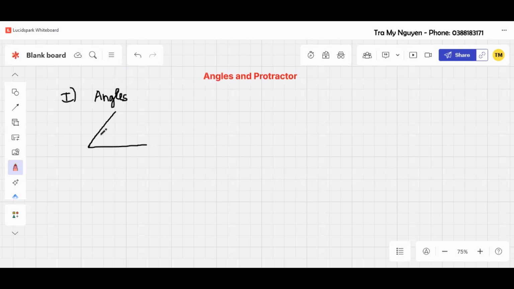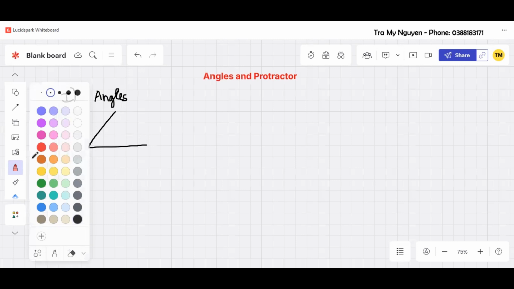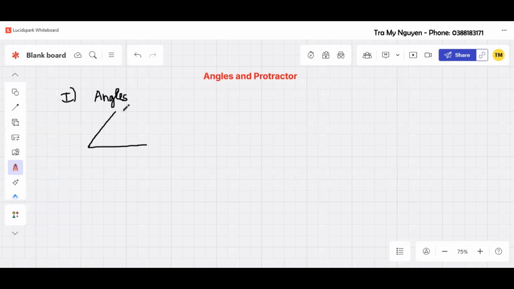You can easily see that this angle is created by two lines, the first line here and the second line. They are called the arms of the angle. This line can be arm 1, and of course the other must be arm 2.